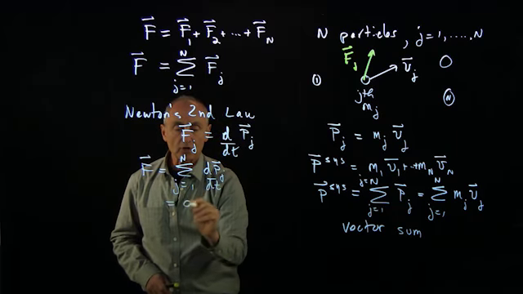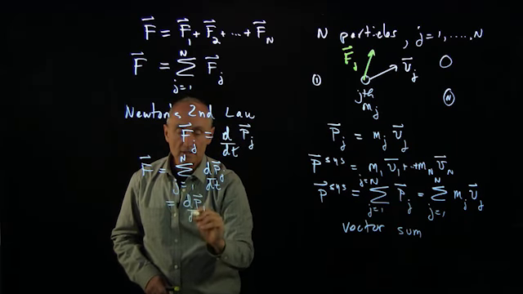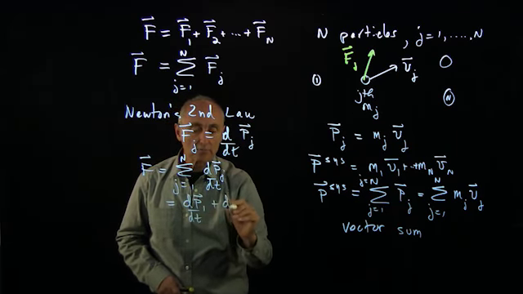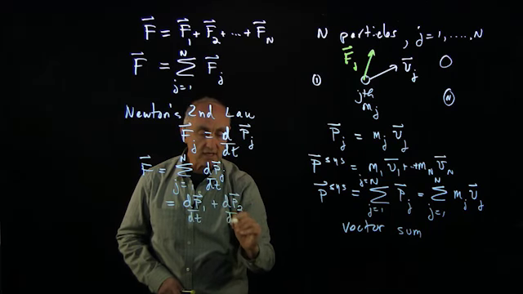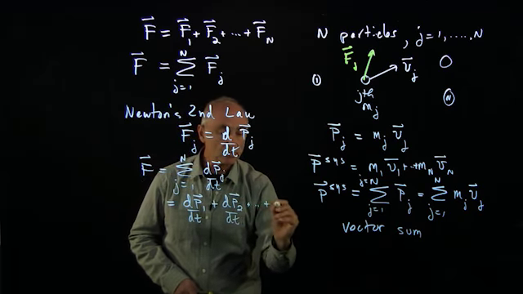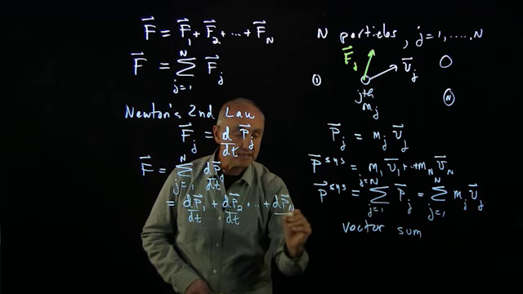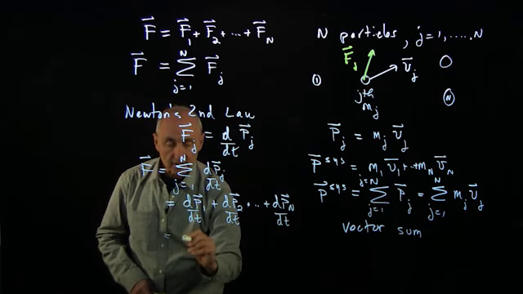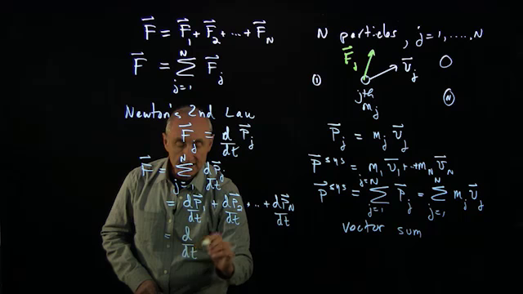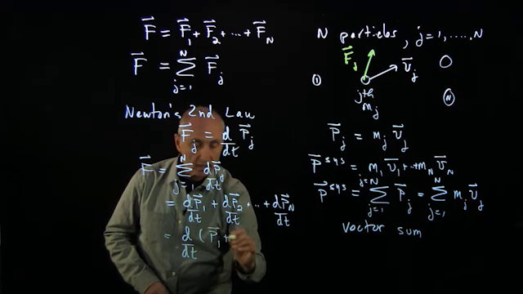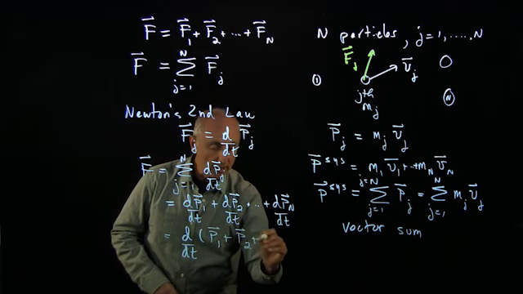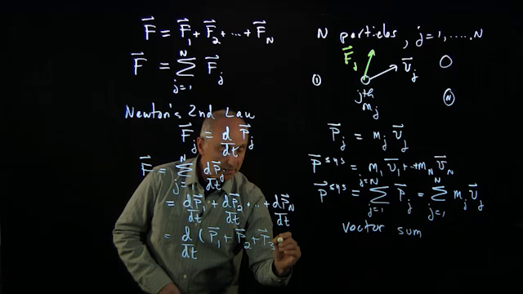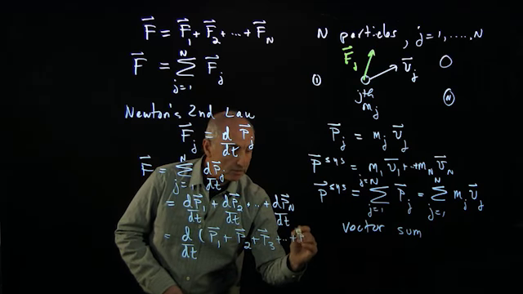Because every single term, let's just look at that, dp1 dt plus dp2 dt plus dot, dot, dot, plus dpn dt. That's what we mean by the sum. We can rewrite this as d by dt of p1 plus p2 plus p3 plus dot, dot, dot, plus pn.